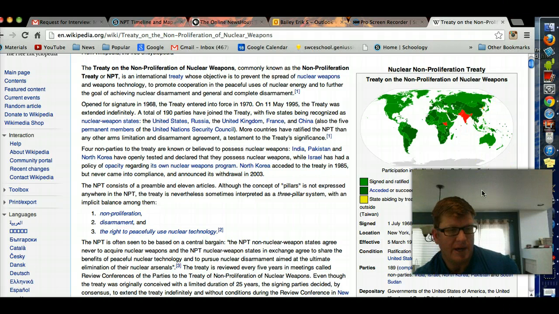They kind of say they're going to use their nuclear weapons all the time, and it's questionable if they even have nuclear weapons. So they're not really part of this whole NPT. Okay, so this is a good map. I like this map, and it kind of gives a history on the NPT also.